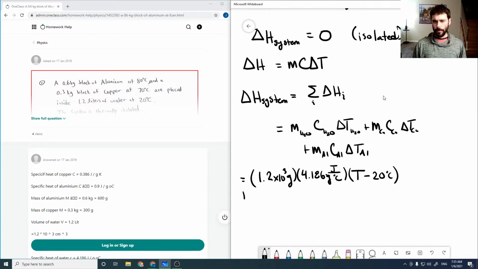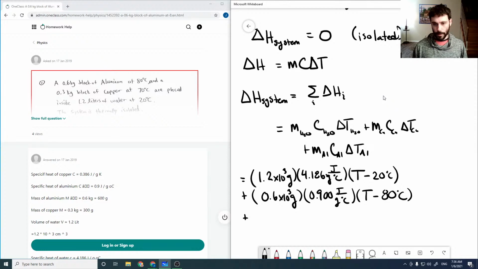So that's our water. Now our copper, 0.6, 0.9, T minus 80 degrees Celsius.